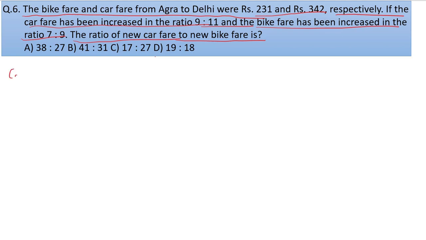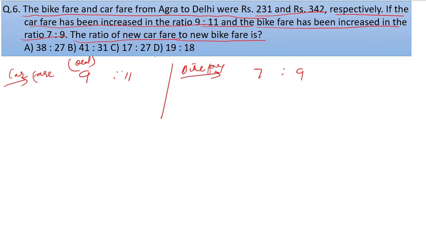Here for the car, the fare is increased in the ratio 9:11, and for the bike the increase is 7:9. The 9 is the old car fare and the 11 is the new car fare, and for the bike also, the 7 is the old fare and 9 is the new bike fare.